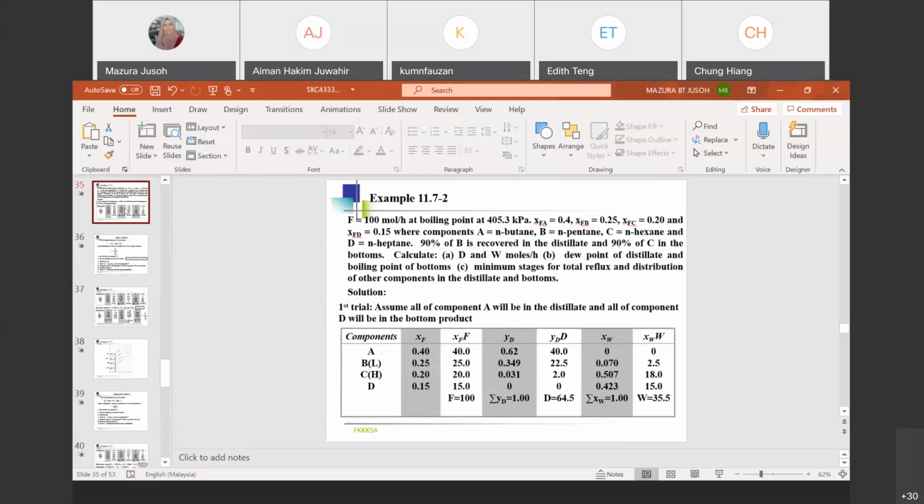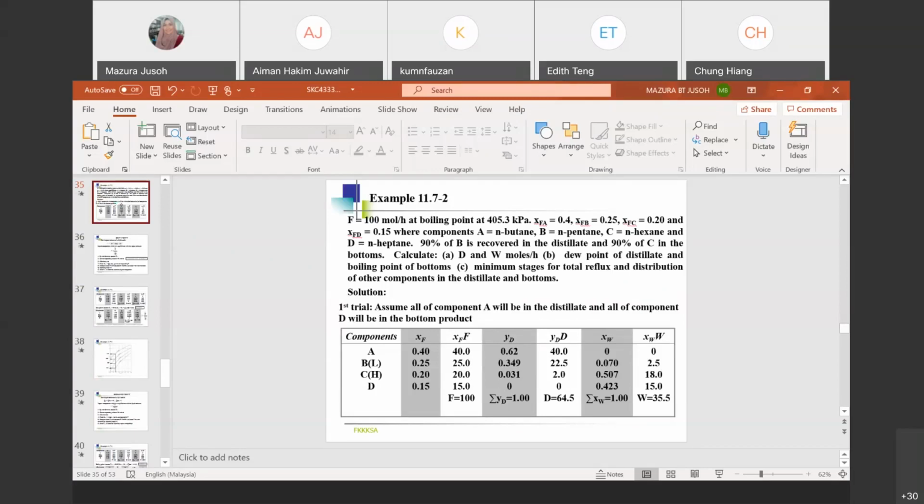The example is to calculate the flow rate of W and D, using the first assumption: all the components lighter than the light key will exit at the top, all of it, and the components heavier than the heavy key will all exit at the bottom.